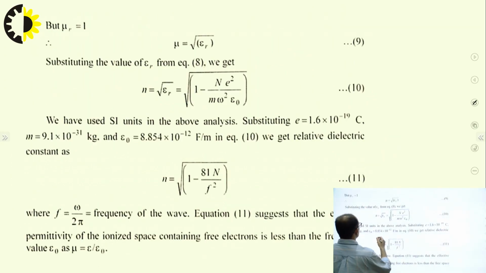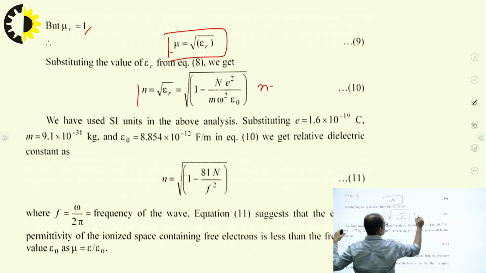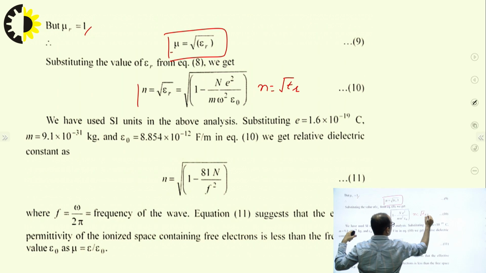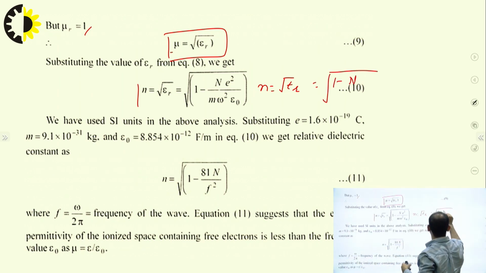Now as we know that mu r is equal to 1, the refractive index n is equal to under root of epsilon r, and this epsilon r is equal to 1 minus N e square upon m omega square epsilon naught.